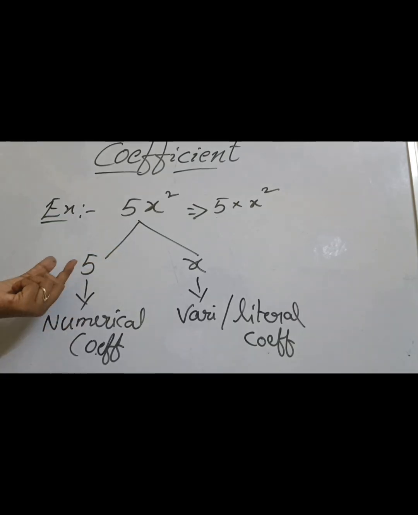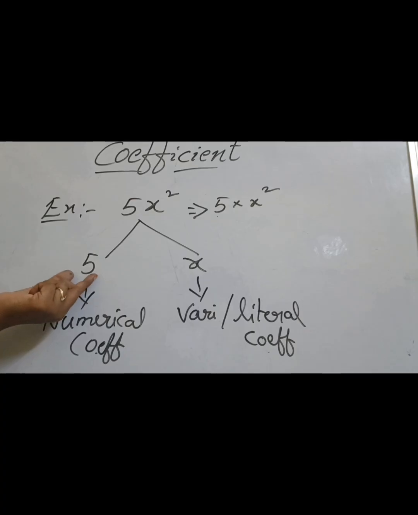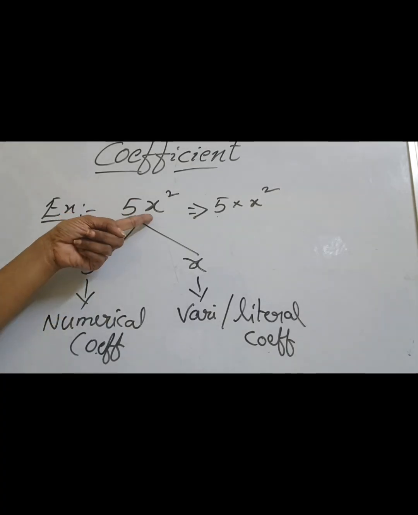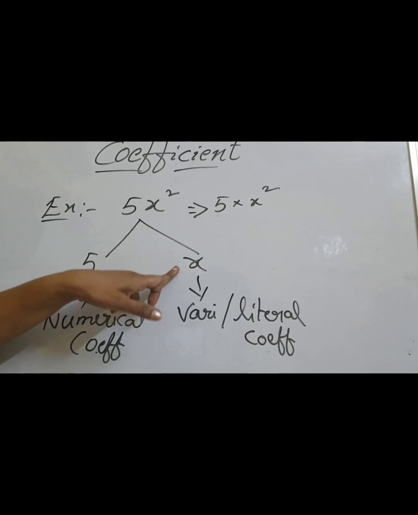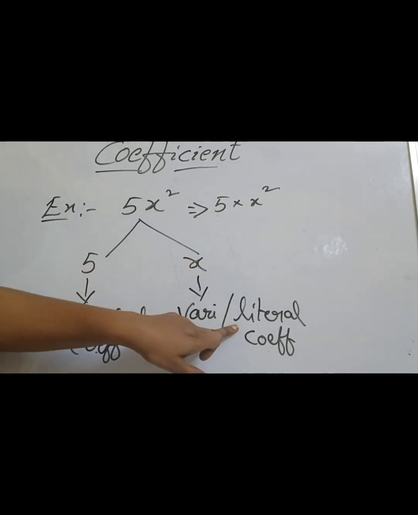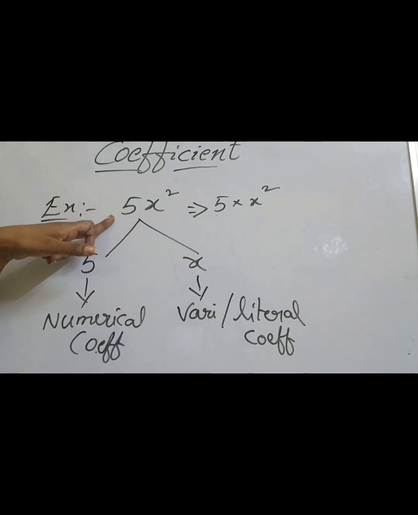Whatever numeral value we have, that numeral is nothing but the numerical coefficient of this term. Next, x square is a factor, and that we can also call the literal coefficient of 5, I mean of this whole term. Clear, children?